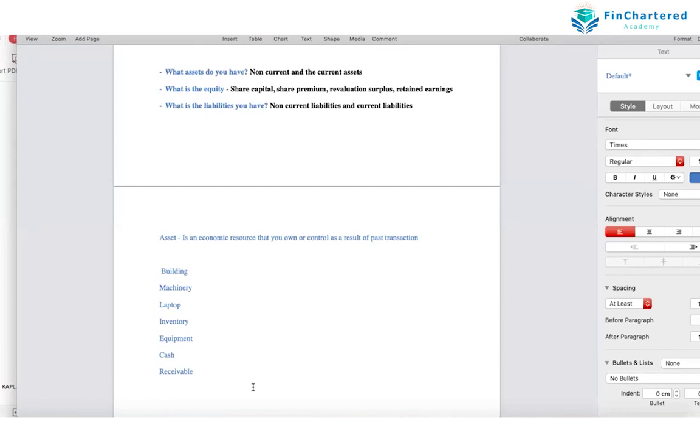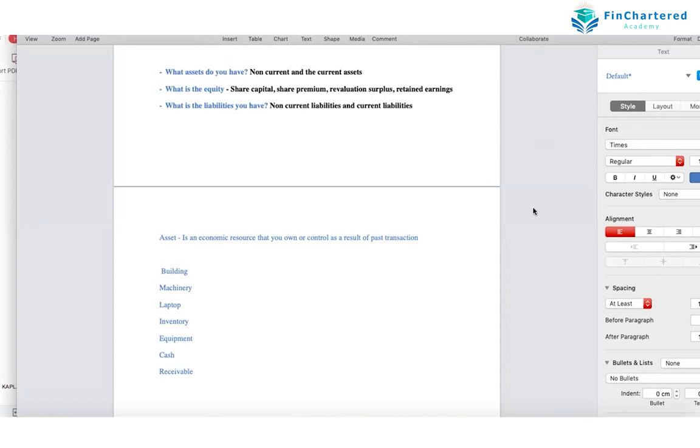Some of these assets you would keep for a long period of time. For example, suppose you're going and buying a building today. Will you buy that building to sell it after 1 week? I will buy a building to sell it in 10 days?